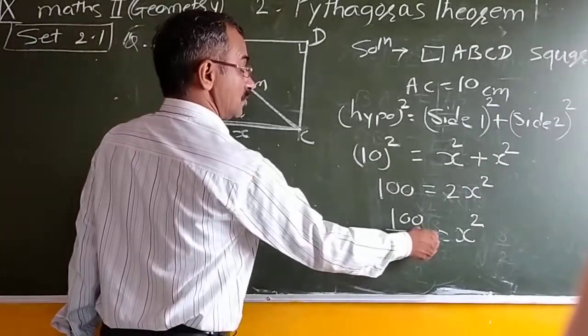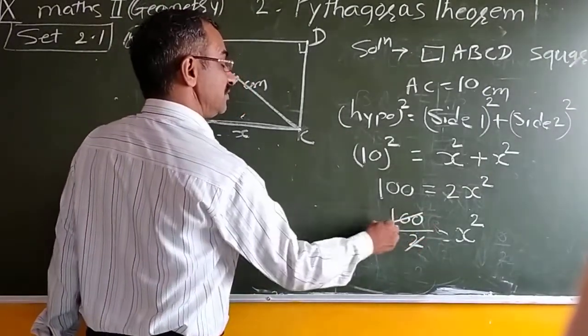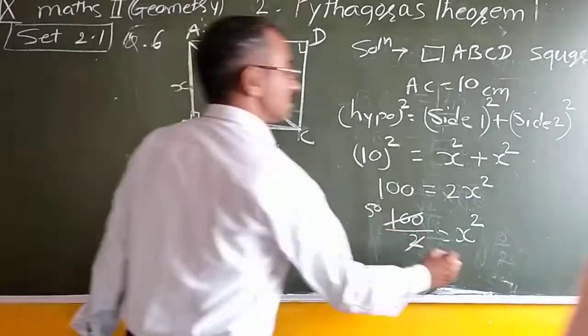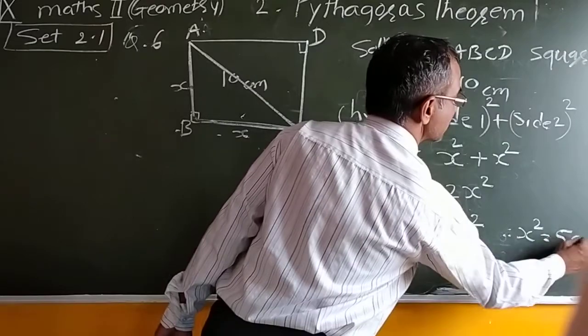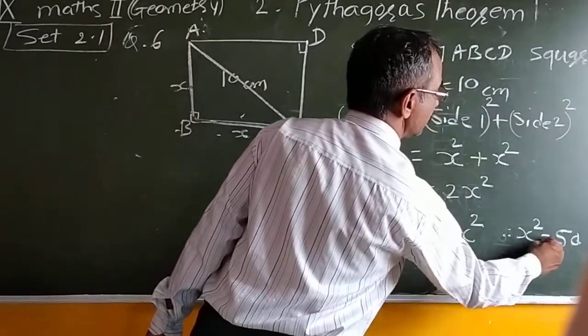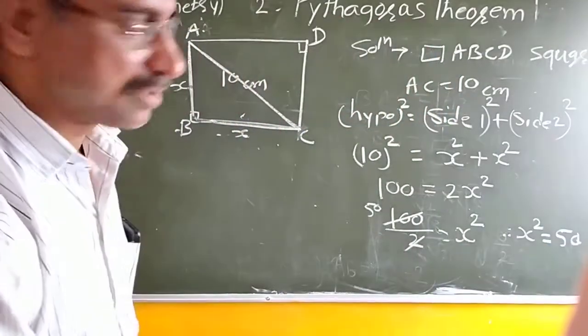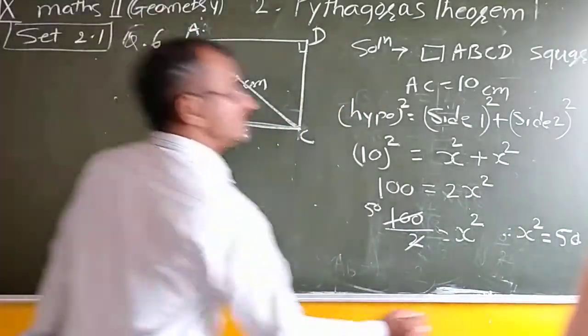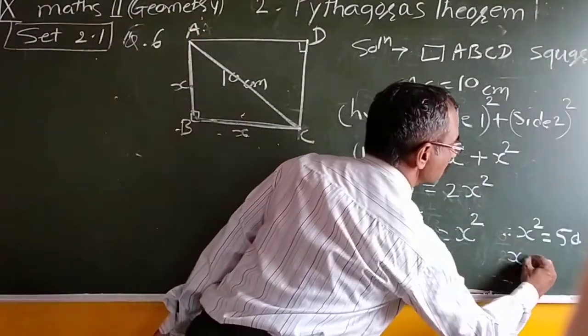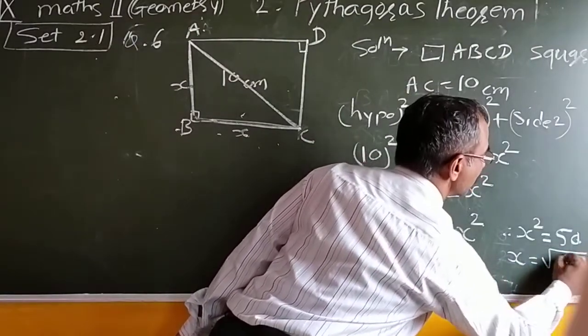2 fifties are 100. Therefore, x square is equal to 50. By taking the square root, x is equal to under root 50.